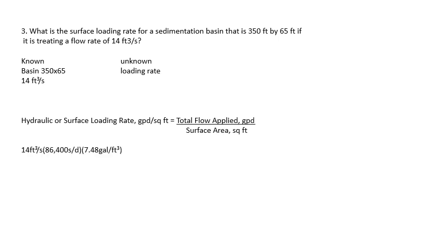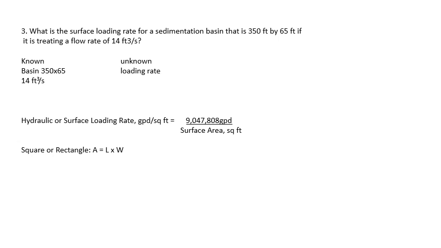Again, it's gallons per day, so convert your 14 cubic feet per second times 86,400 seconds per day times 7.48 gallons per cubic foot. You get an answer of 9,047,808 gallons per day. Plug that into your formula.